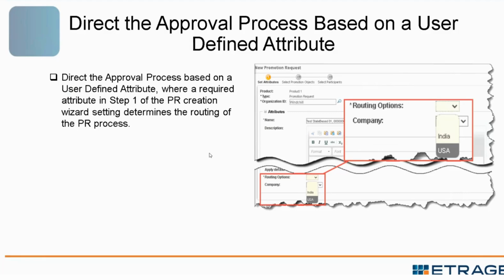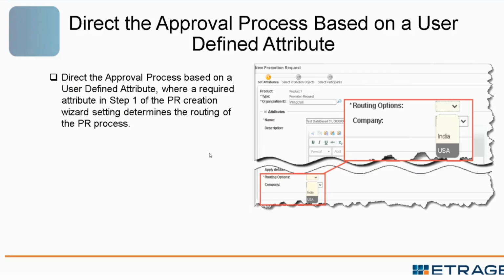Maybe, Robert, if we rely on the destination state, that's just one condition, but we have additional conditions. If it's prototype and it's in the USA versus India, for example, there's different routing because of that. How do we further distinguish what branch in a workflow we go through based on these values? As I said, the promotion request wizard is semi-configurable.